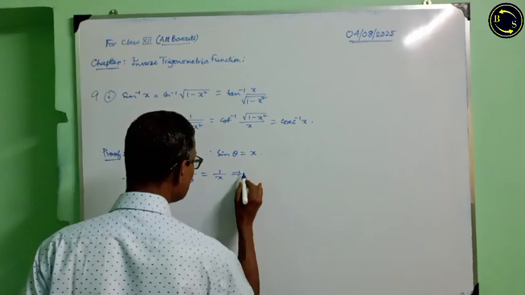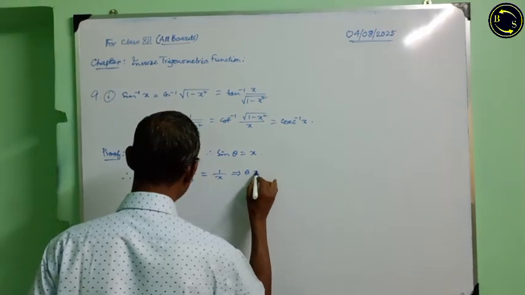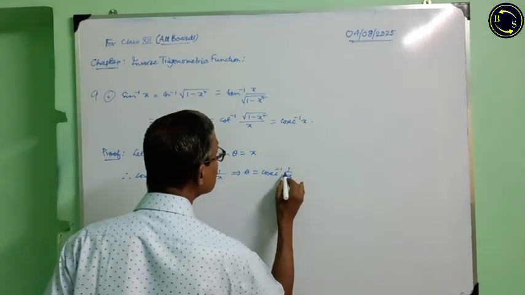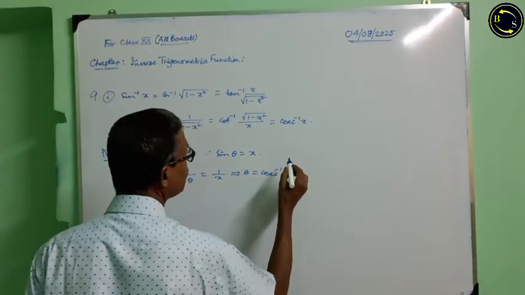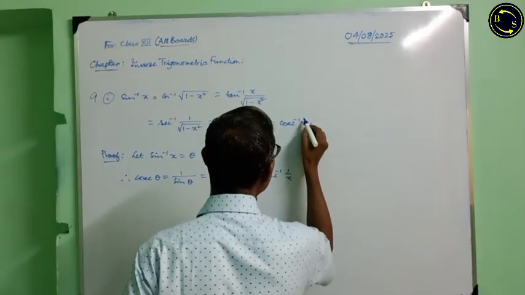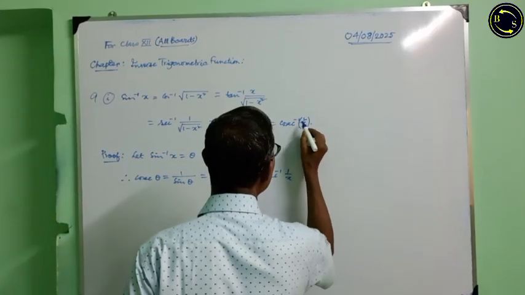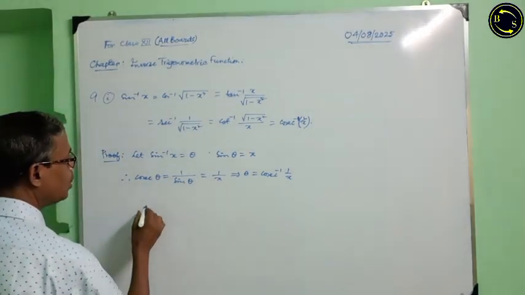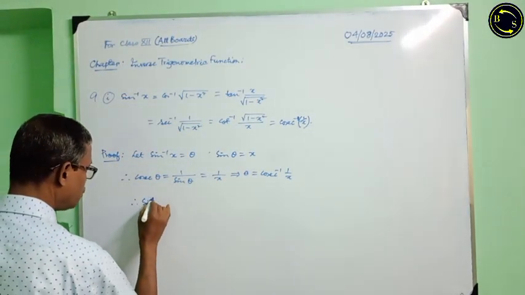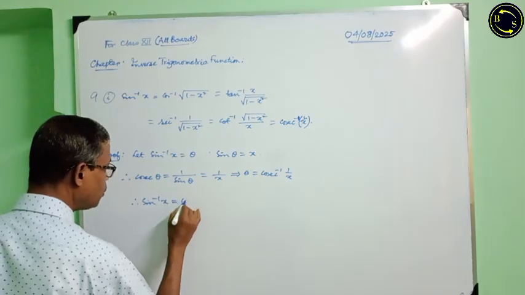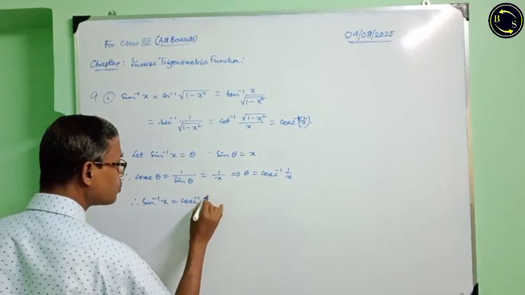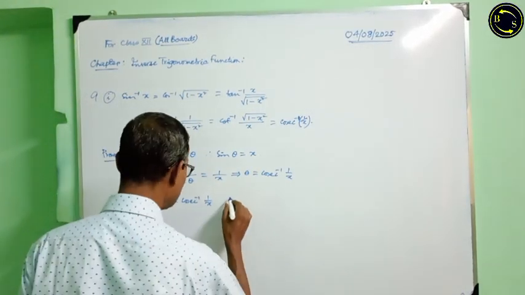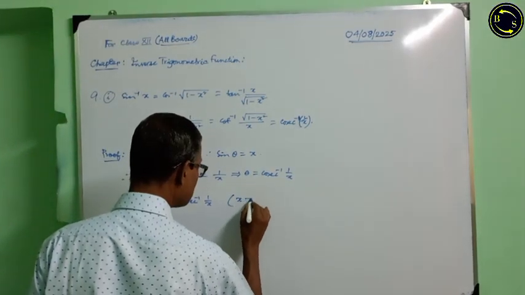From that, theta equal to cosec inverse 1 by x. Therefore sine inverse x is equal to cosec inverse 1 by x, and from it is clear x non-zero.